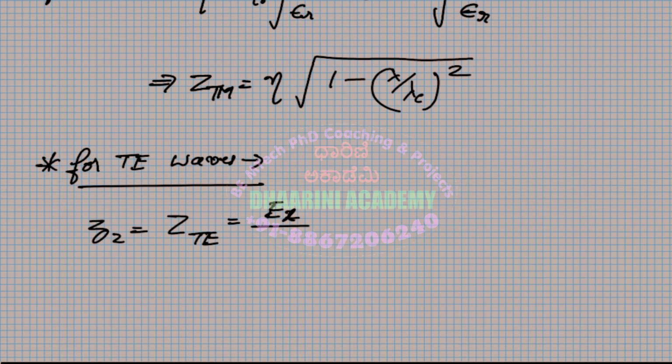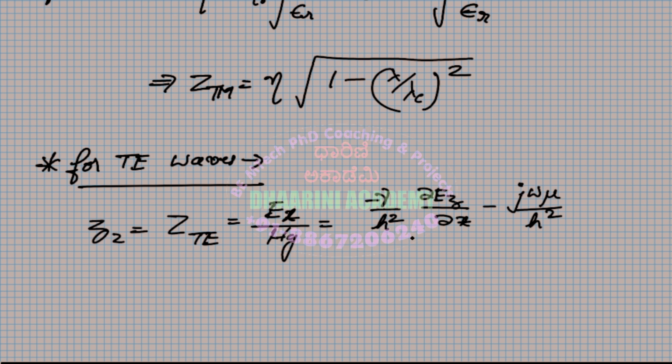So let's write the equations of TE wave components, all right. So this is minus of gamma divided by h square dou Ez by dou x minus j omega mu divided by h square into dou Hz by dou y.